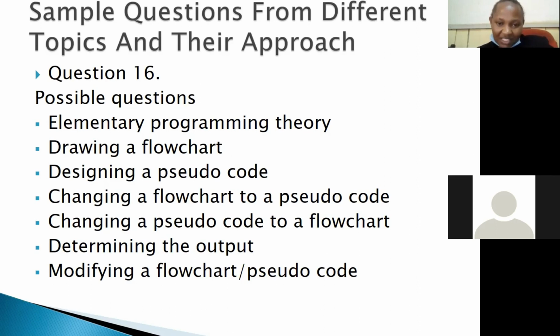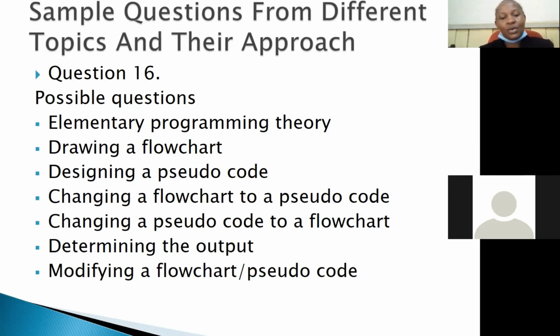But as you are removing the symbols, you are expected to know the control structure that is used so that you can apply it at the point where the control structure comes in your pseudocode. Then you can also be told to change a pseudocode to a flowchart. At this point, you give your statements symbols, whereby you will have the symbols and the text inside the symbols.